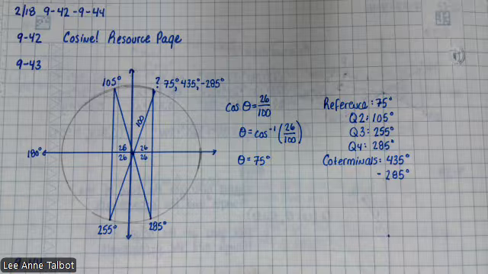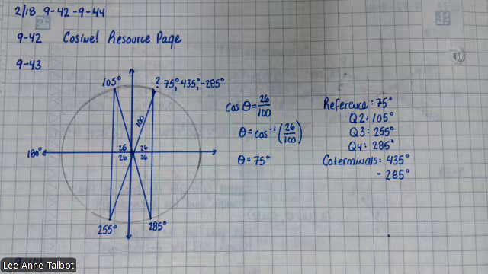How are we doing? We're doing okay? Okay, so on your quiz, it's very much like this, minus two things. First, it's not going to be sketched already. It's just going to say, given the angle 75 degrees, sketch the angle in the proper spot. We just have to make it in a reasonable spot. Then find the reference angle, find the other three angles in the other quadrants, and find a positive coterminal.